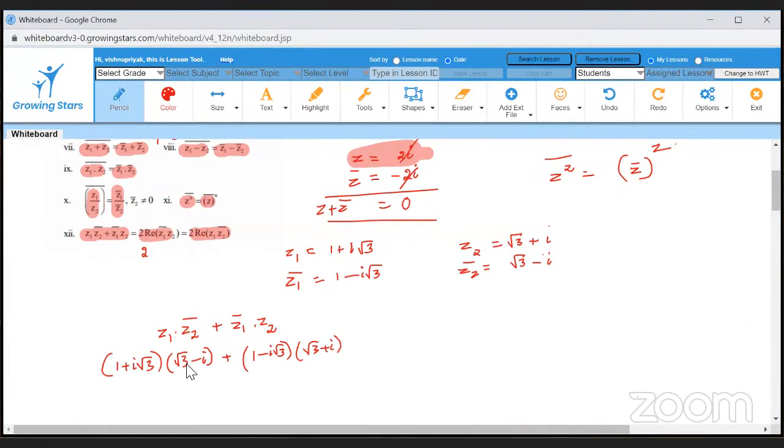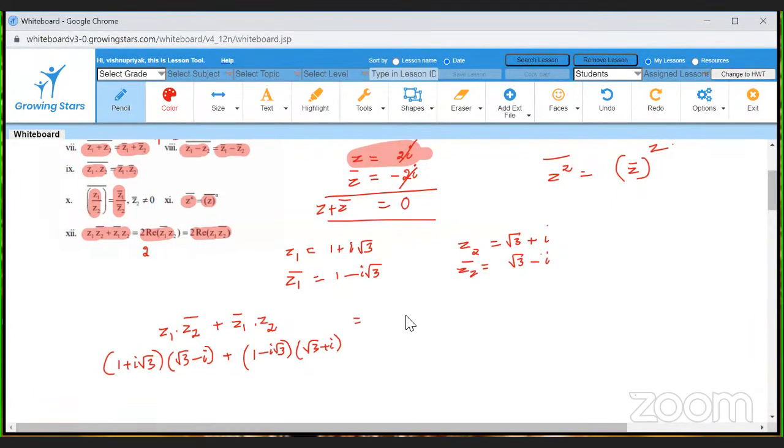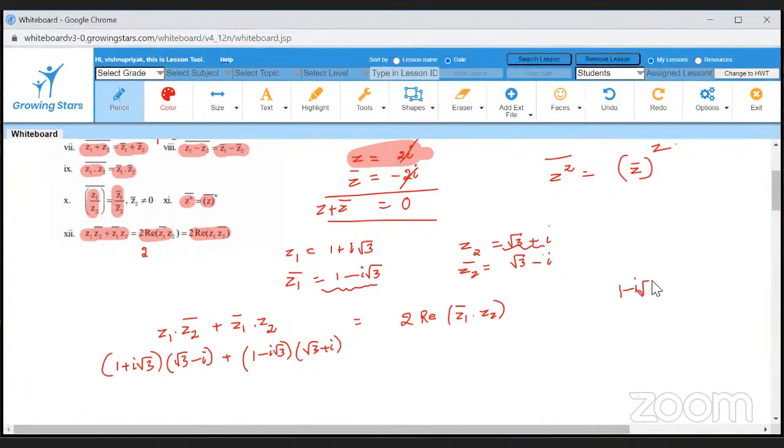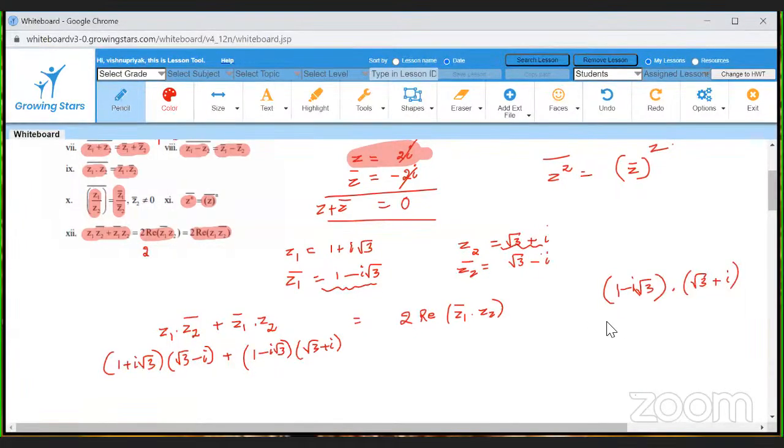Then that will be 2 times real part of z1 bar into z2. So I have to multiply z1 bar, which is 1 minus i root 3, and z2, which is root 3 plus i.